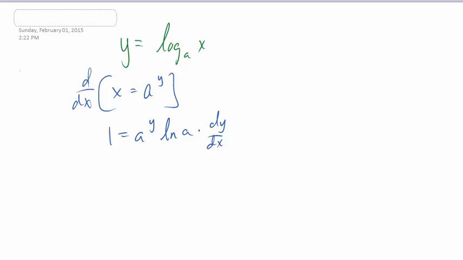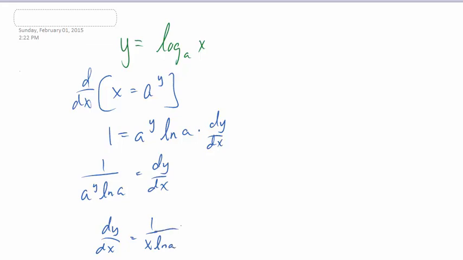And now we solve for dy/dx. 1 over a to the y natural log a equals dy/dx. So dy/dx is equal to 1 over x times natural log of a.